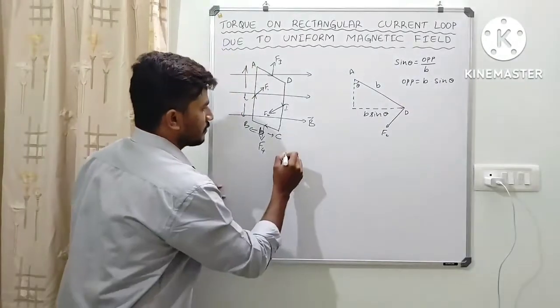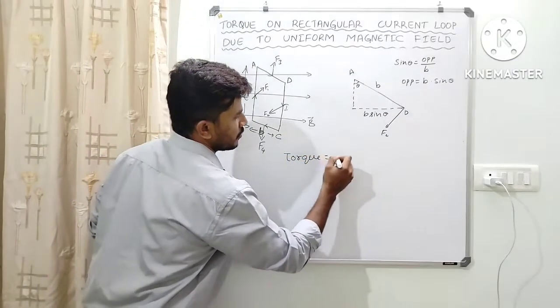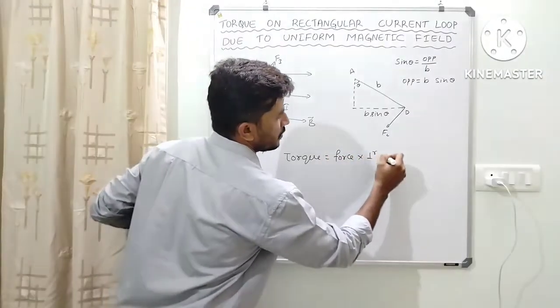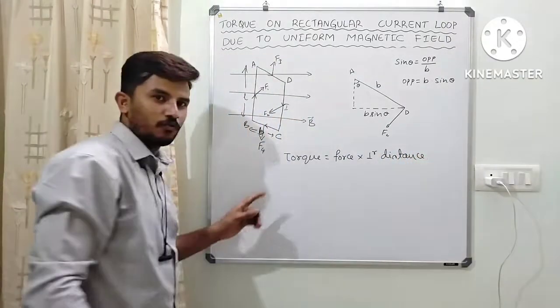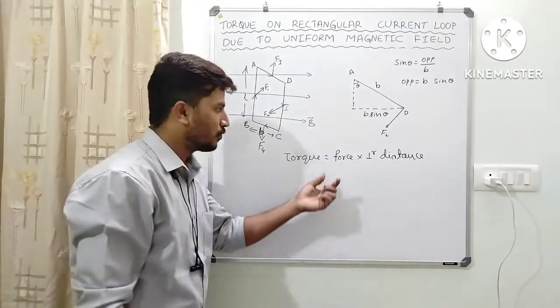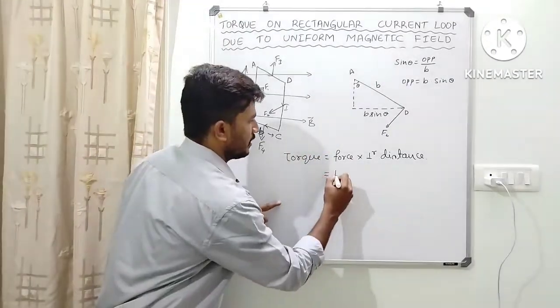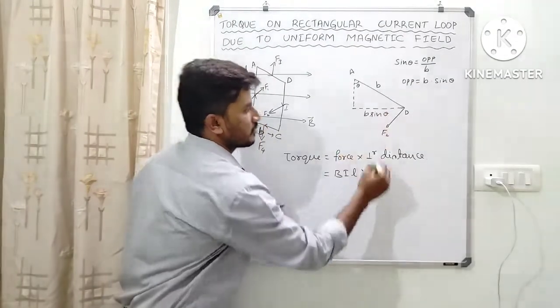Now the torque is given by force into perpendicular distance. We know the force acting on the arm is given by BIL sin theta, or BIL, and the perpendicular distance is b sin theta.